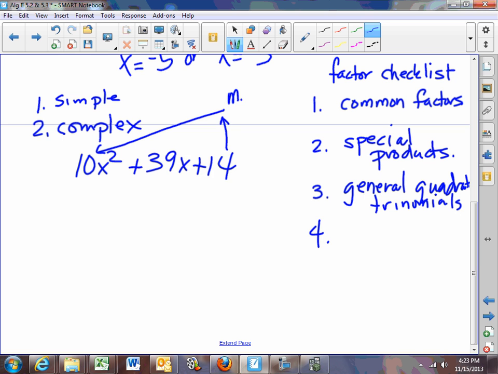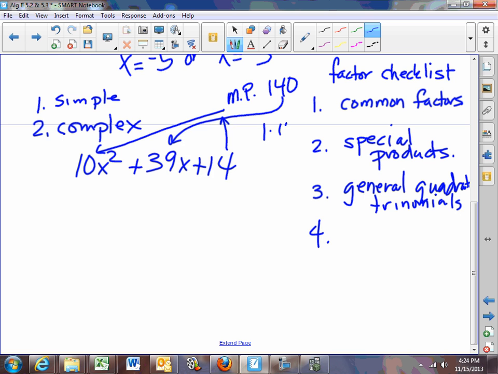Now, in this case, the master product is 140. Now, what we're looking for is a pair of factors of the master product that add to give the middle coefficient. Now, a lot of times it's not really easy to see that at first, but you can write down the pairs of factors of 140, and even though this looks a little daunting, it turns out it's not too bad. And so let's just be orderly about this.